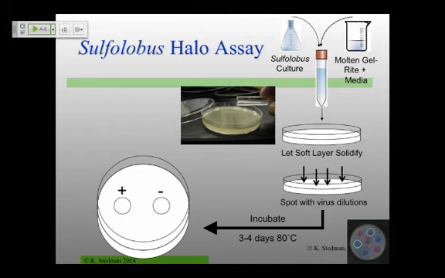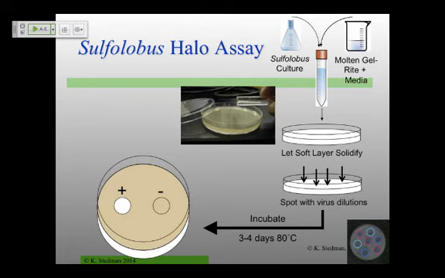So we put them on plates. We spot various different constructs that we're looking at. We let the plates grow, and if the Sulfolobus is happy, that means we don't have functional virus. If the Sulfolobus is unhappy, that means that we have functional virus.